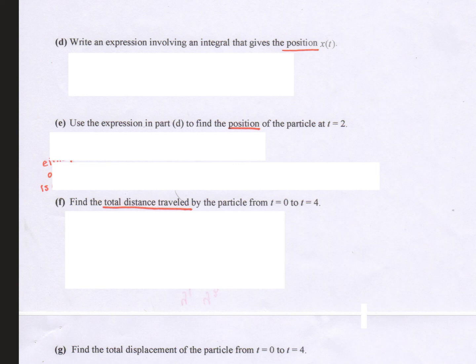In part D, we're asked to write an expression with an integral that gives the position x of t. This is our end position formula. So I'm going to start with x of t equals, and I'm going to pick some known position.